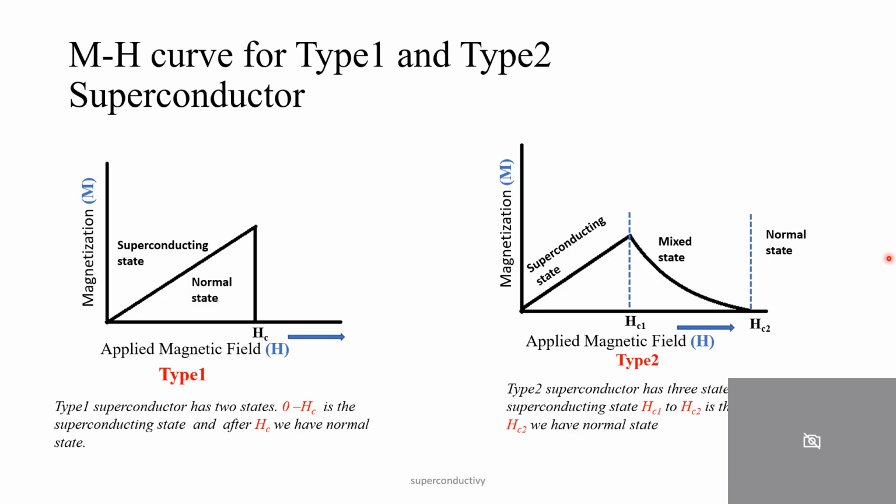So these are the properties of type 1 and type 2 superconductors. Normally type 1 superconductors are pure superconductors, and in case of type 2 they are normally compound materials.